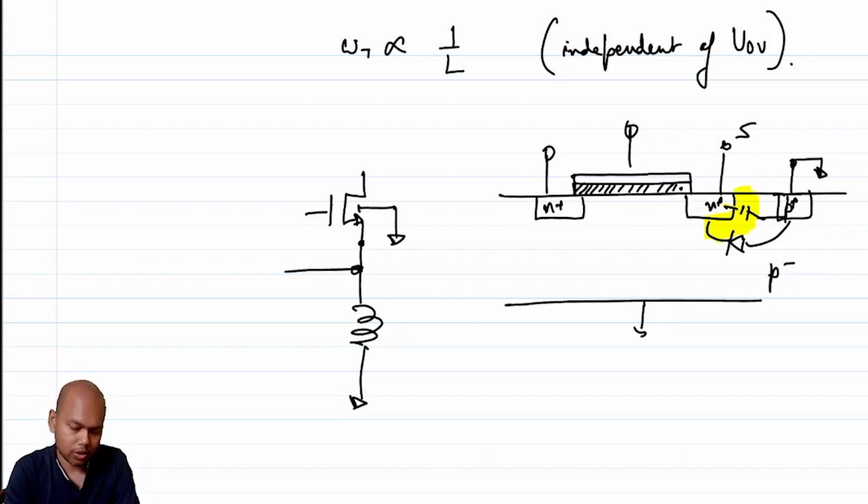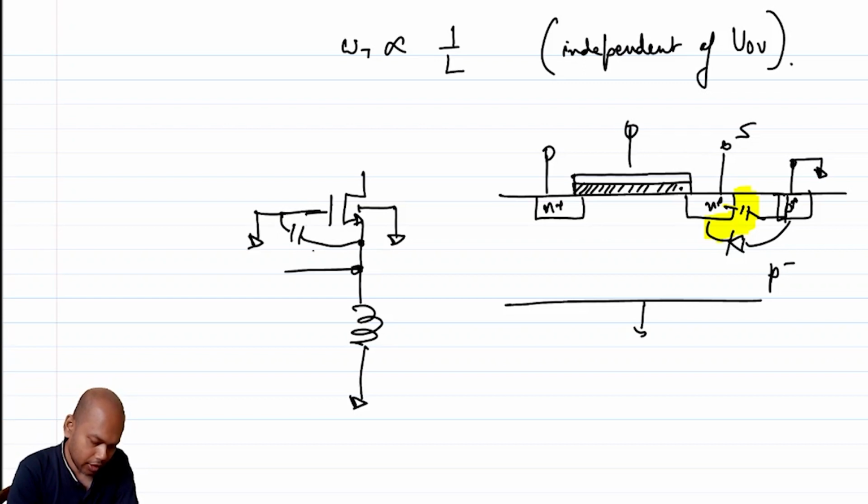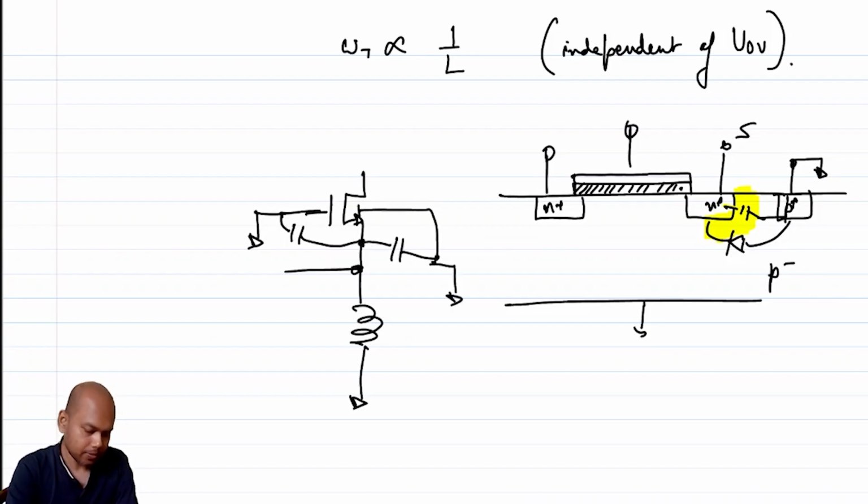Right? If this is the source, there is a depletion capacitance between the source and the body, which means there is a capacitance. I have this capacitance, this is incrementally shorted, this is the CGS, and I have this capacitance, which is also shorted to the body.